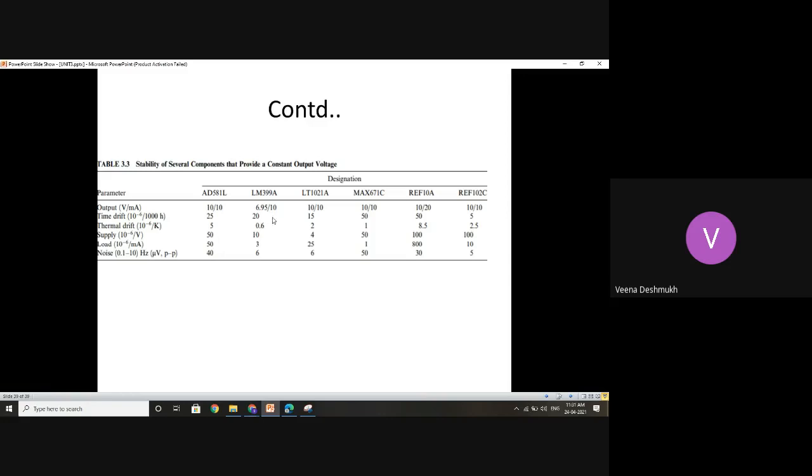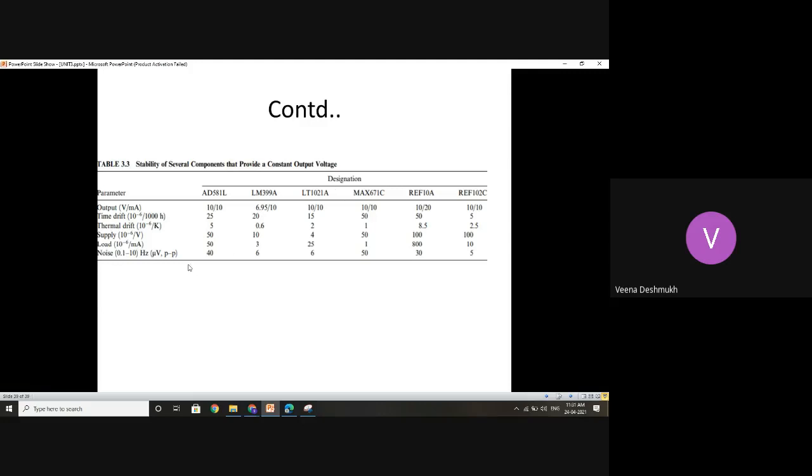So we'll see here the stability of several components that provide a constant output voltage. Now, how much is tolerated? As I mentioned, it depends. Here you can see microvolts of drift or microamperes of current in the load.